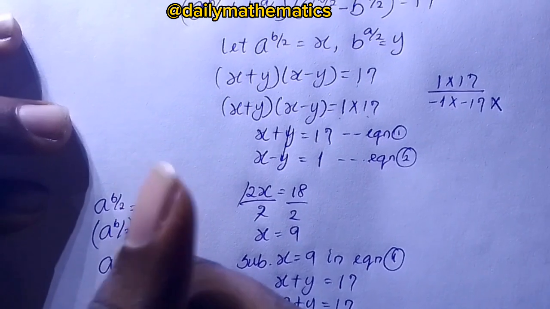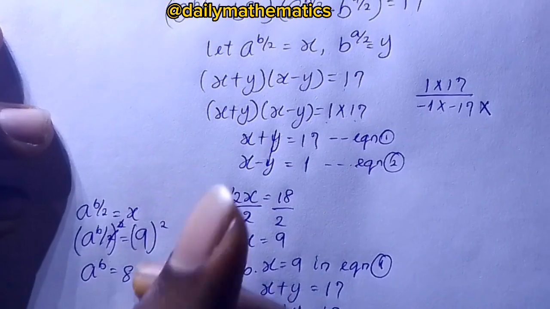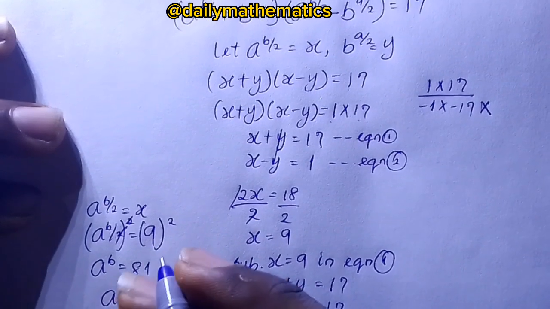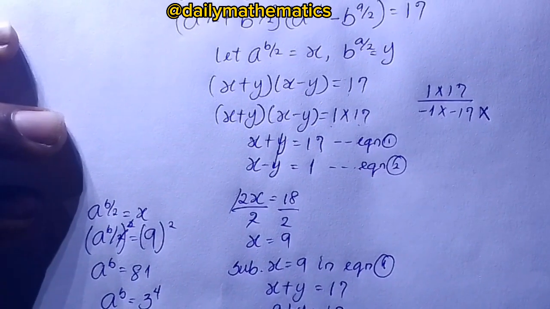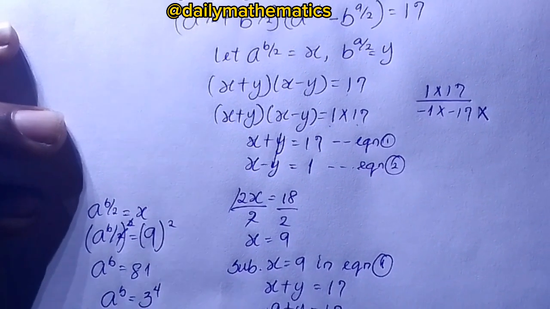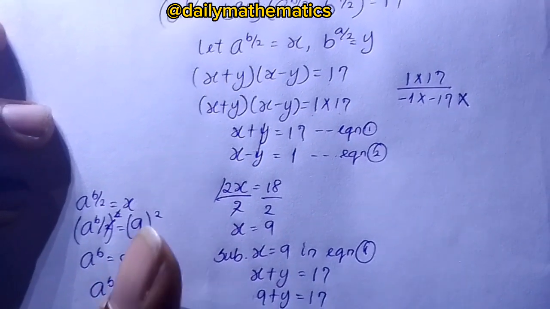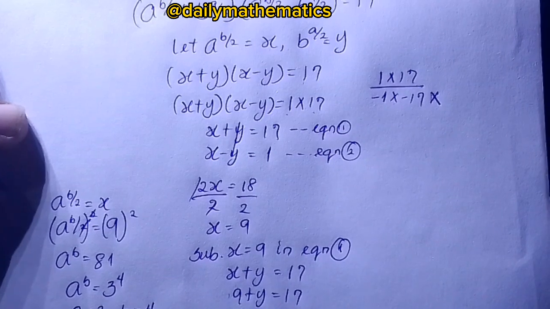So a raised to the power of b equals 9 squared, that's 81. a raised to the power of b equals 81, which is 3 raised to the power of 4. So I think you can see what we're looking at: a equals 3, b equals 4.